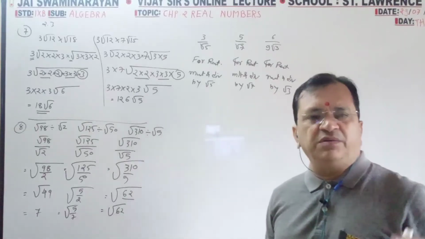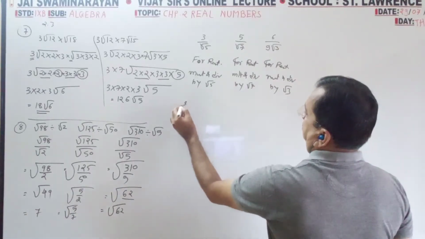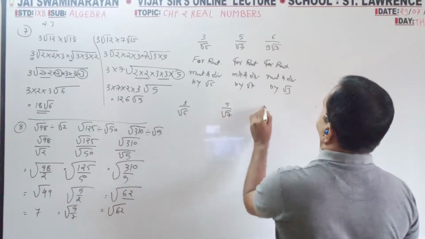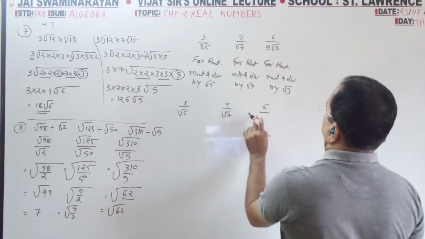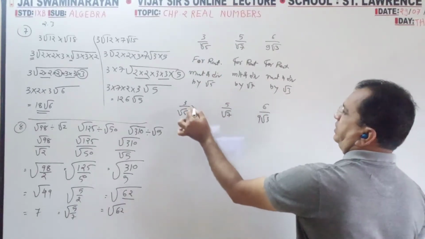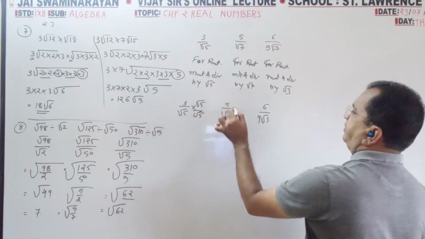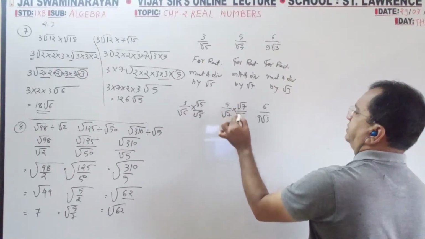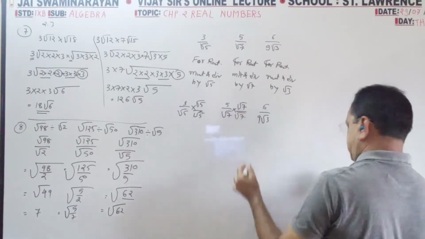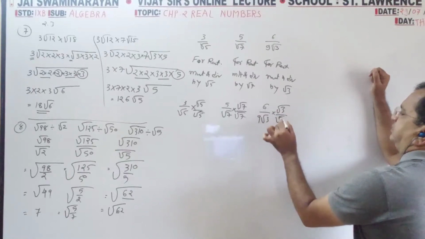I said to remove root. Now see. Write same. I have written multiply and divide by root 5. I have written multiply and divide by root 7. I have written multiply and divide by root 3.